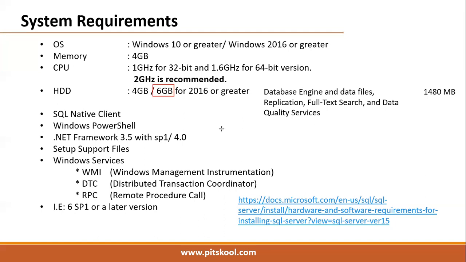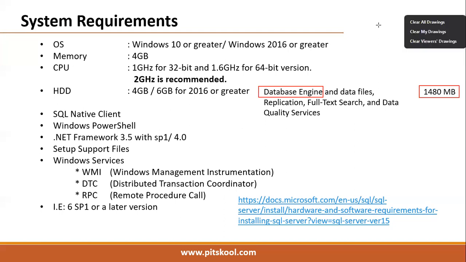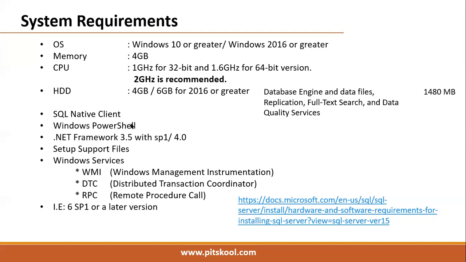If you want to install all components of SQL Server, we need 6 GB of hard disk space. If you want to install only the database engine, only the database server, we need almost 1500 MB of free space on the hard disk. Understood? Very simple prerequisites are there to install SQL Server.